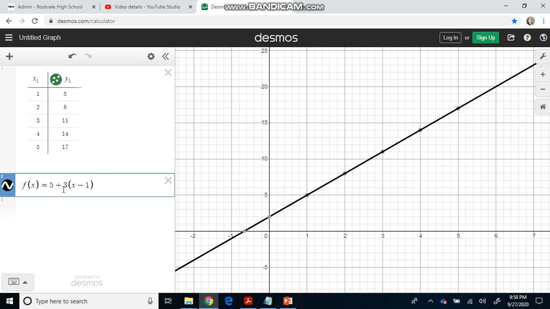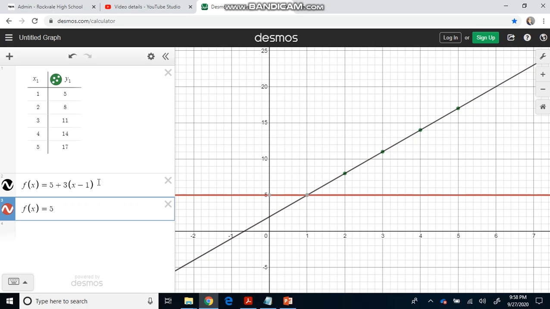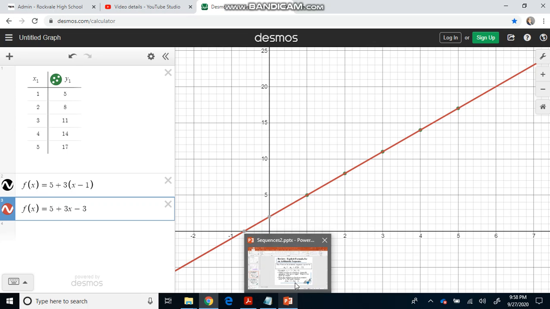So what if I simplify this expression? What if I take out those parentheses? 5 plus 3x minus 3. You see what happened? I distributed this. Actually, let me go back to my slide so I make sure everybody's on the same page.